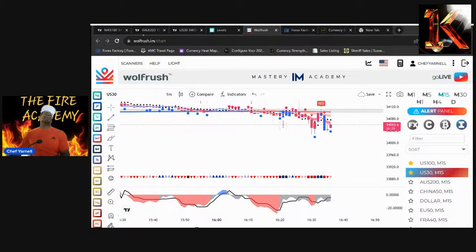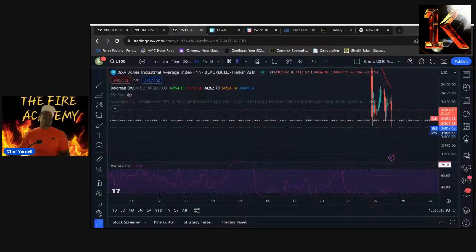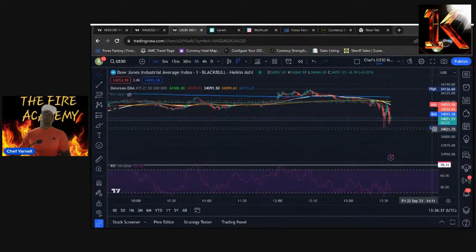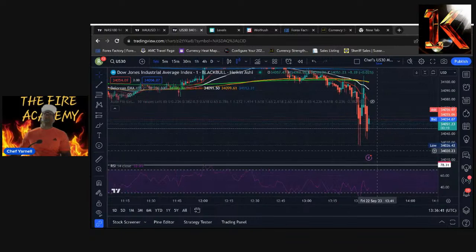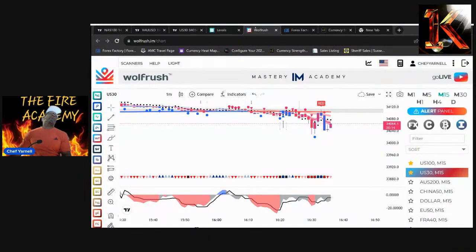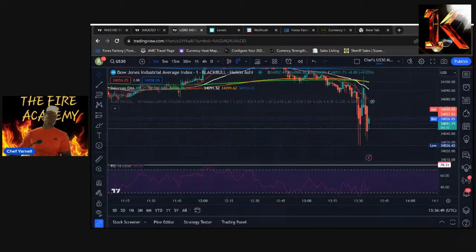But let me look at what my broker has the numbers at, because the brokers are going to be different. Let's see, where are we at? We at 50 over here. All right, so let me see what chart I was on. On Wolf, I was on the 1 minute, and US 30, and there's a doji right there. Okay, so let's go to regular candles.